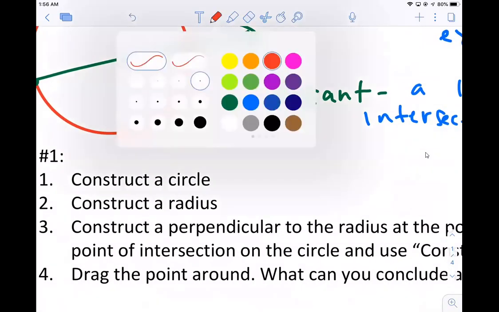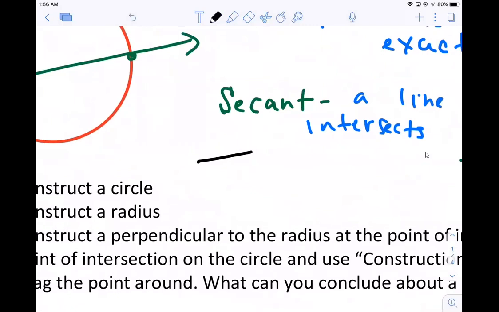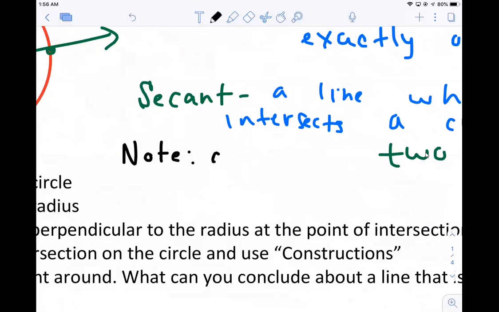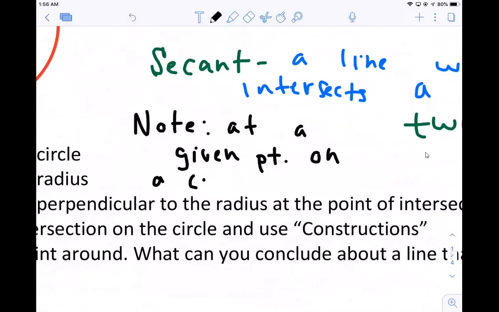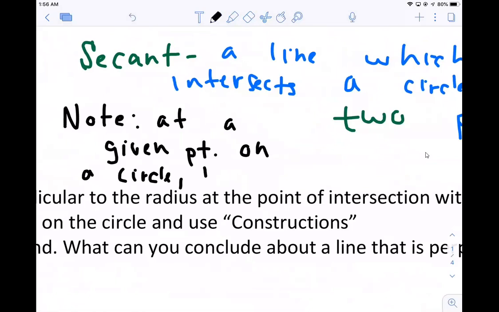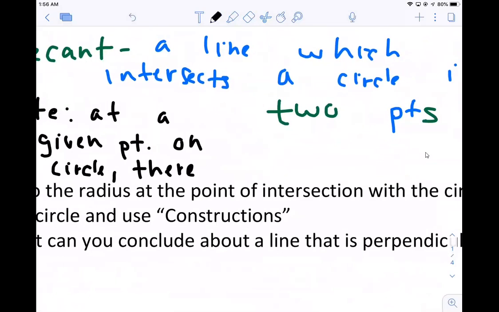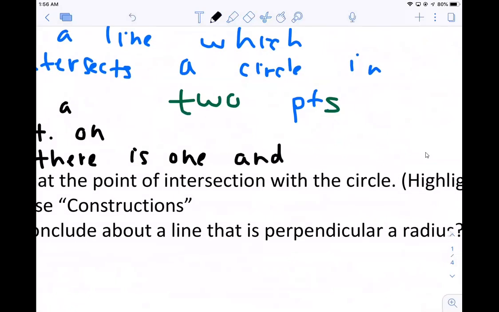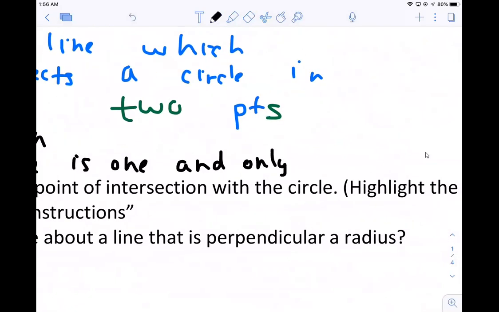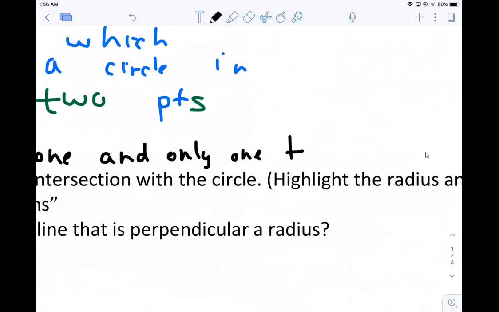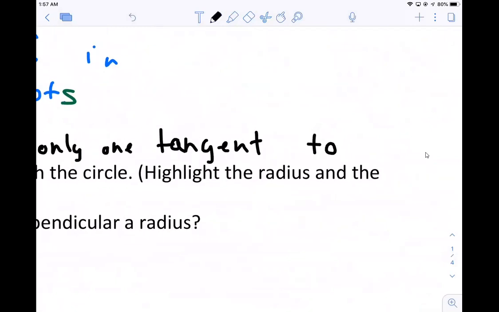An important note about tangent lines, which we just talked about, is that at a given point on a circle, there exists only one and only one tangent to the circle.